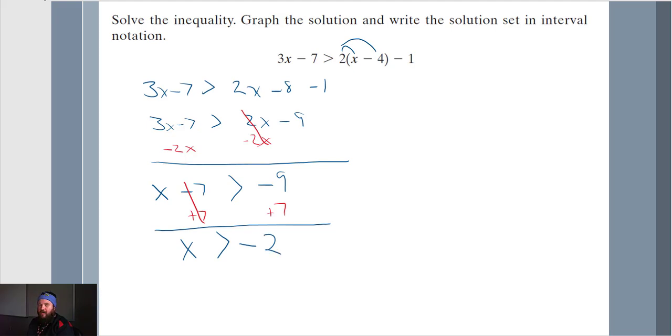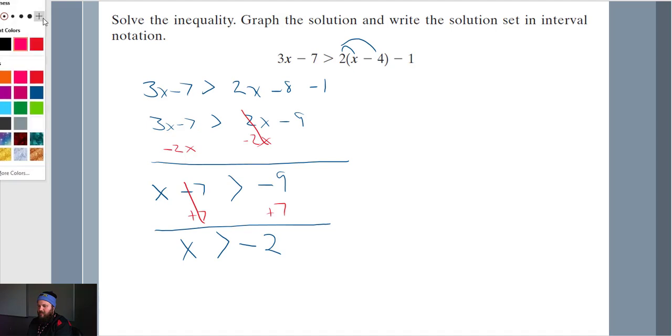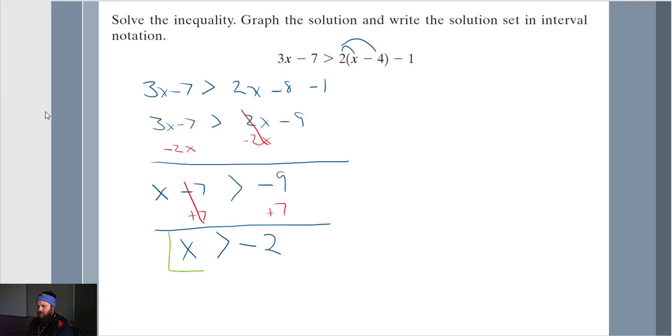So if you're short $9, you get 7, you're still short $2. So x is greater than negative 2. And that is going to be an inequality answer with that.